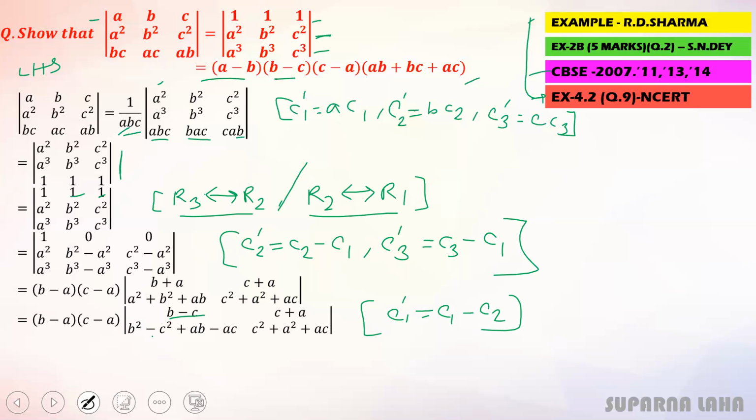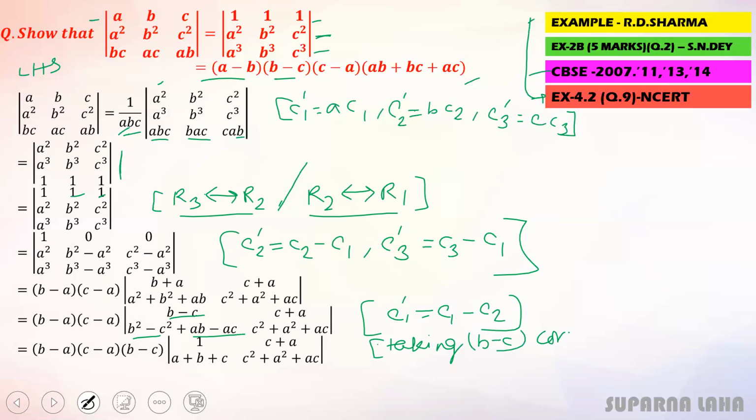So B square minus C square means B minus C, B plus C. And here if you take common A, then it will be B minus C. So take B minus C common from this first column. So taking B minus C common from C1.